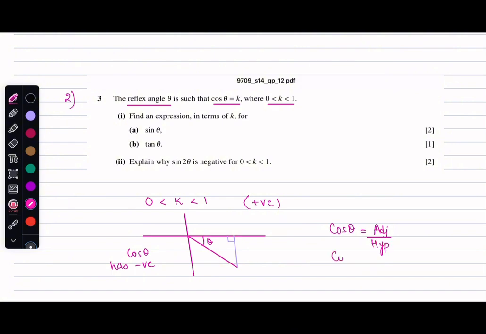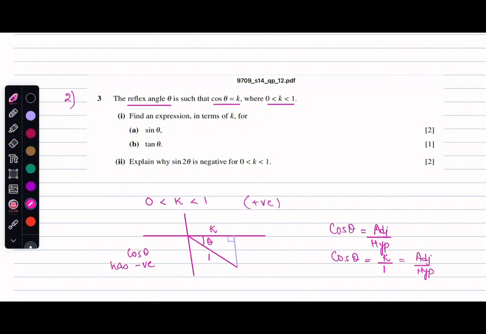They have given us cos theta, which equals k. So I can divide this k by 1, and therefore I know that the adjacent here is k and my hypotenuse here is 1.